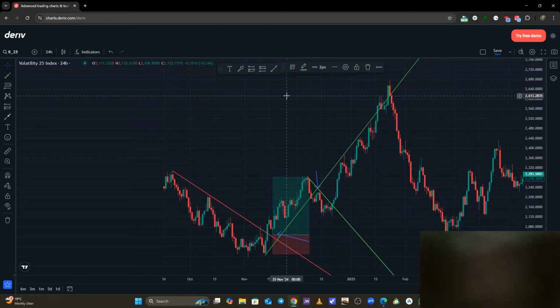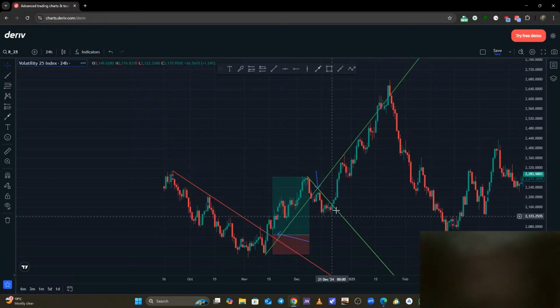So you will have to draw another upward trend line after that downward trend line has been broken. You draw another upward trend line at this price level here.